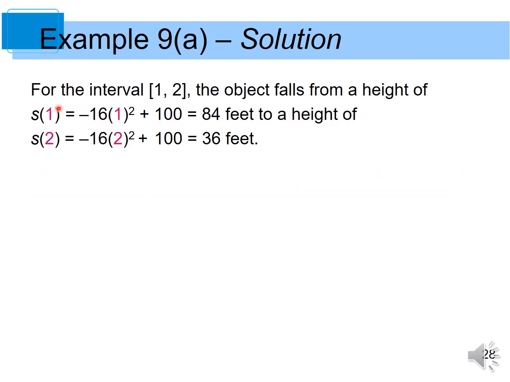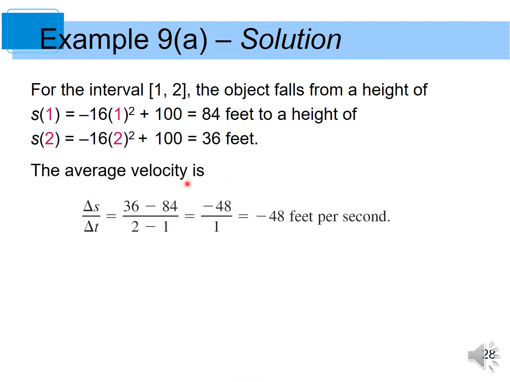So for A, the interval is from 1 to 2. The object falls from a height of s(1). We substitute 1 into the position function, and we have a height of 84 feet. When t is equal to 2, we substitute into the position function and have 36 feet.